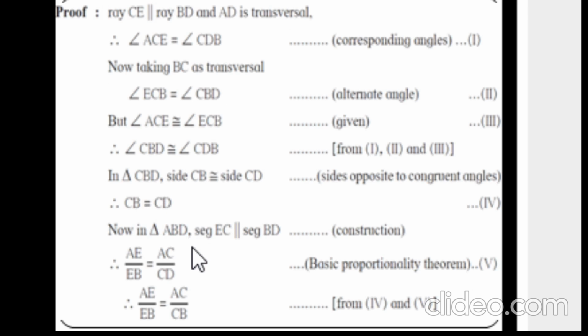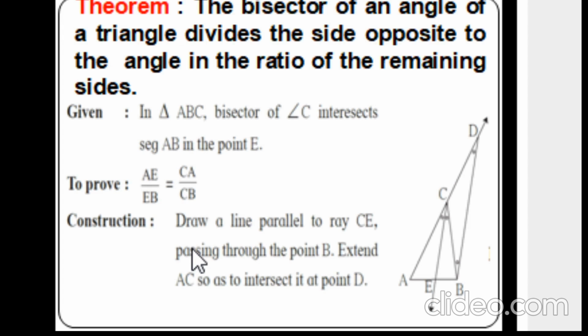Now consider the larger triangle ABD. In this triangle, you have to apply the basic proportionality theorem, which we have already learned, since CE is parallel to DB.